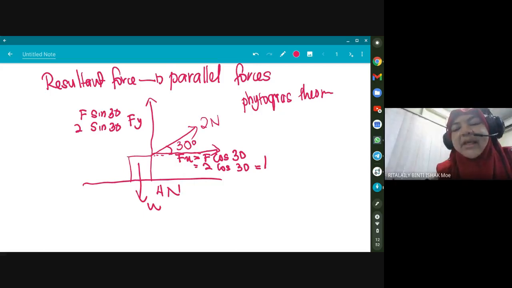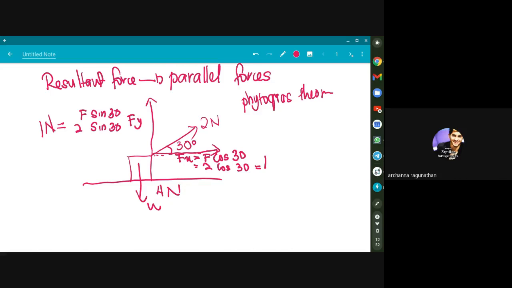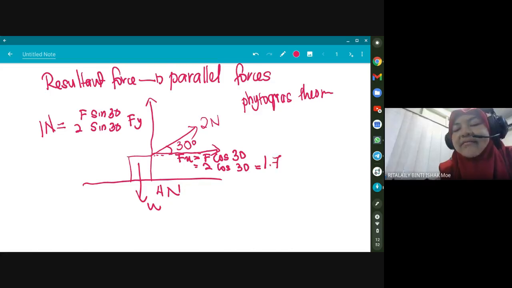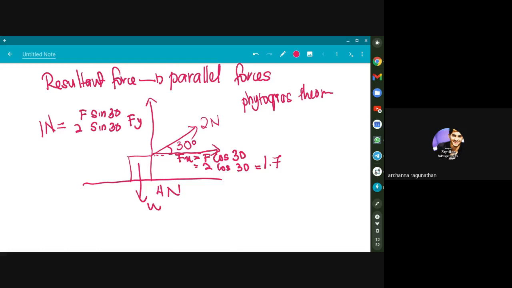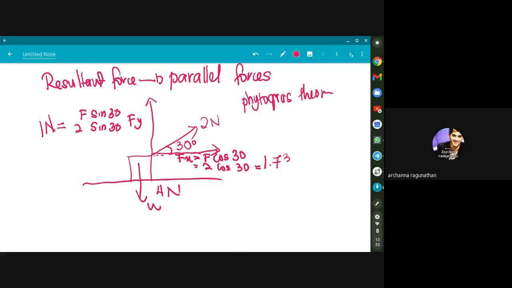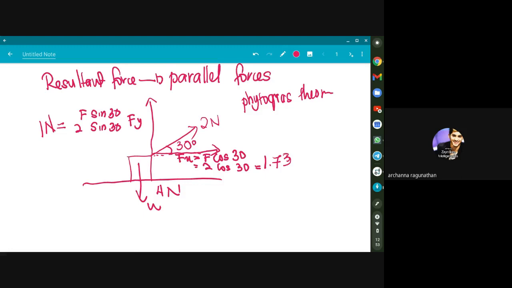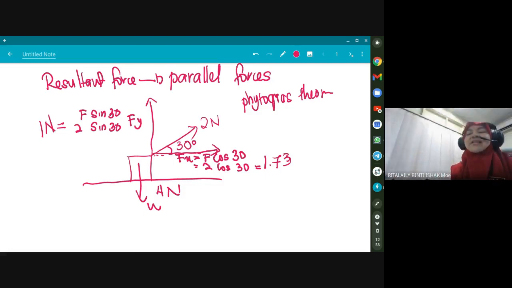Whereas for the vertical? 1.732. 1.73. Okay. Correct.